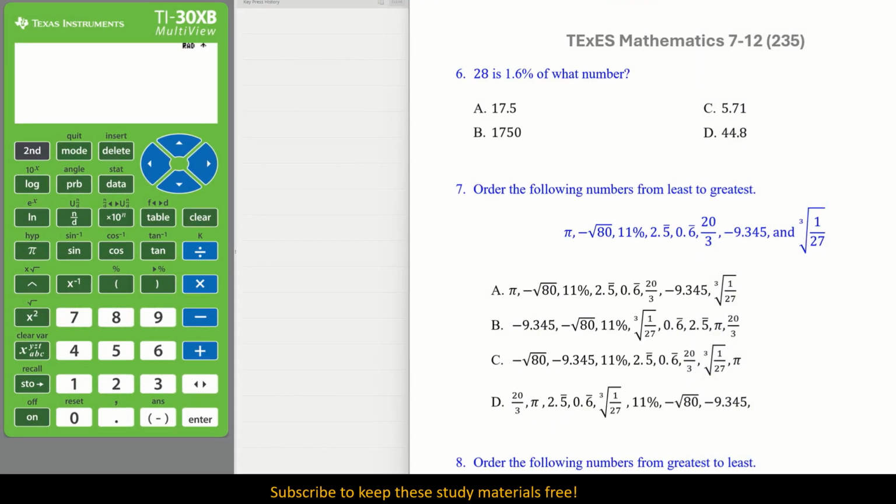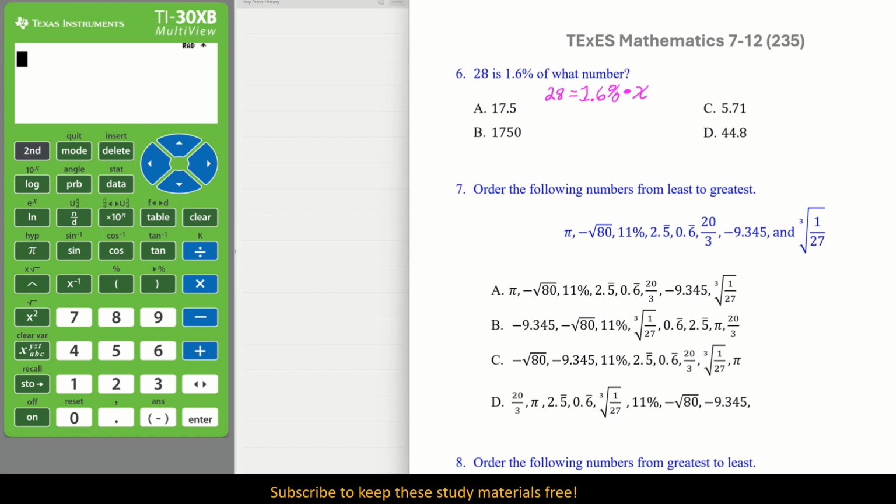Number 6, 28 is 1.6% of what number? Okay, so how we need to think of this is 28 equals 1.6% of, which means multiplied, to some number.